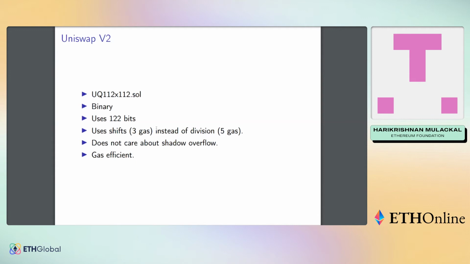Shifts are 3 gas and division is 5 gas, so there's a very minor efficiency improvement here. It doesn't care about shadow overflow at all. It turns out that this overflow case would never happen, so they ignore it. And it's very gas efficient because, first of all, you use shifts, and second of all, they don't care about this intermediate overflow.